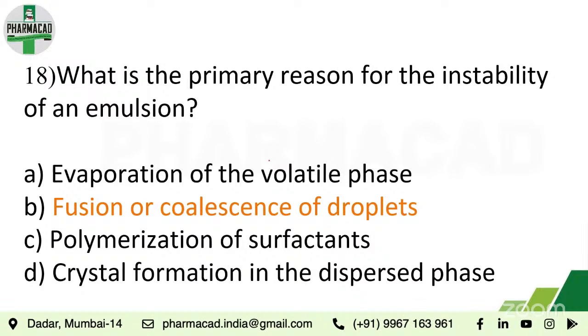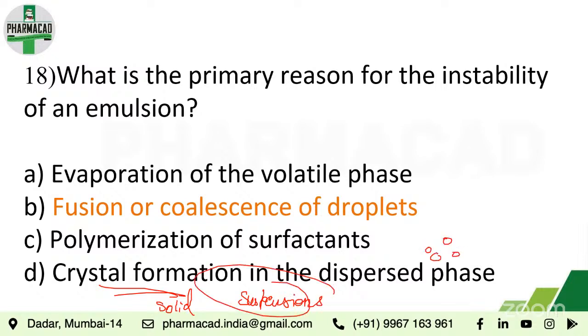See, crystal formation is something which happens with a solid phase. This can be a problem in suspensions. When you have solid particles suspended, crystallization will happen there, and this phenomenon we call Ostwald ripening, correct? This is Ostwald ripening. Okay?